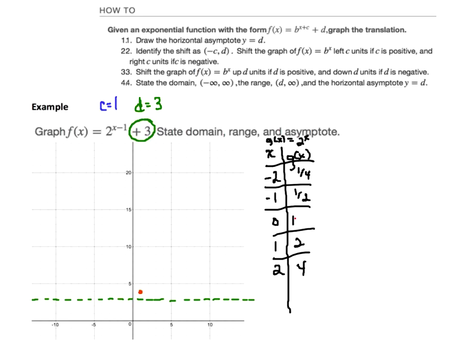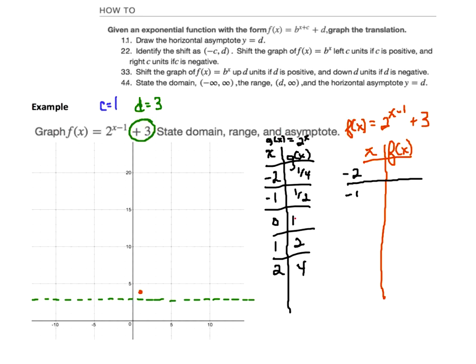So to move into our transformed f of x table, we have f of x equal to 2 to the x minus 1 plus 3. So we're going to start out with the x values from our parent form of the function.